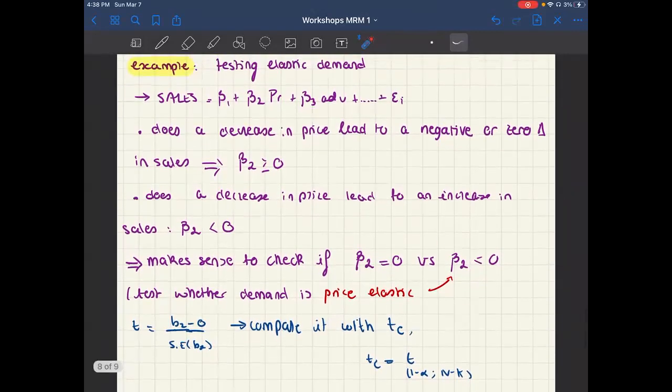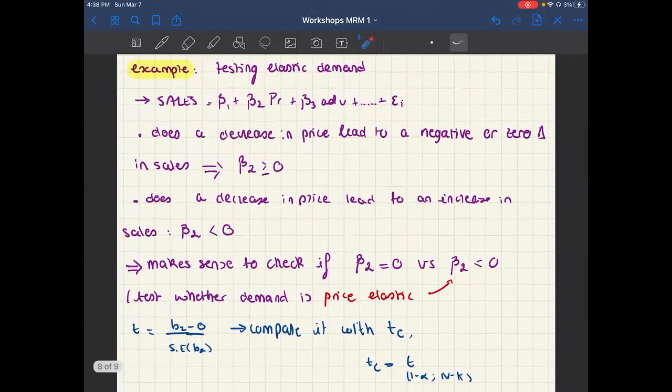Sorry, I think the logical way we should be looking at this is, should a decrease in price lead to an increase in sales? That's the intuitive reasoning behind it. You would expect that if price goes down, then the sales should go up.